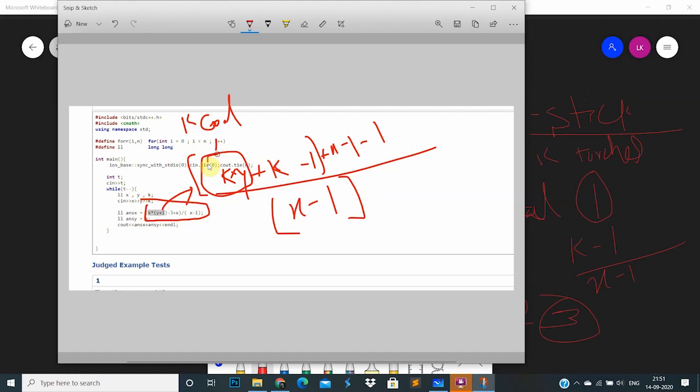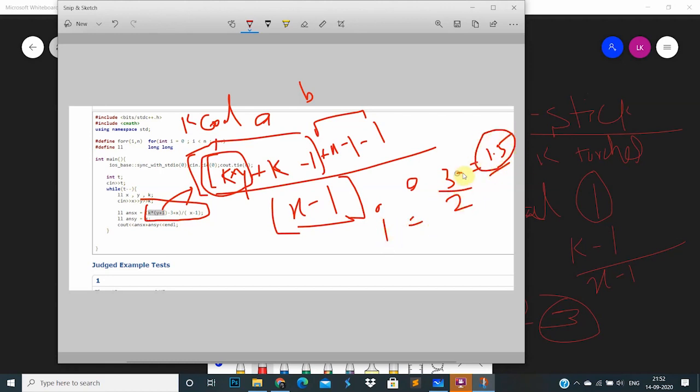Say this part is A and this part is B. If A is 3 and B is 2, our answer will be 1, but this is wrong because the correct answer is 1.5, and integer division gives 1, but we require 2. So we add x minus 1 minus 1, which is 2 minus 1, which is 1.